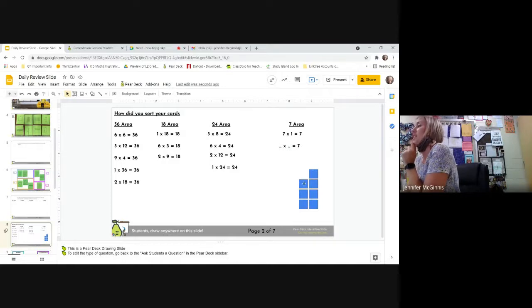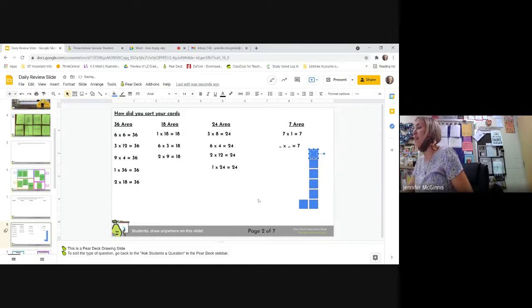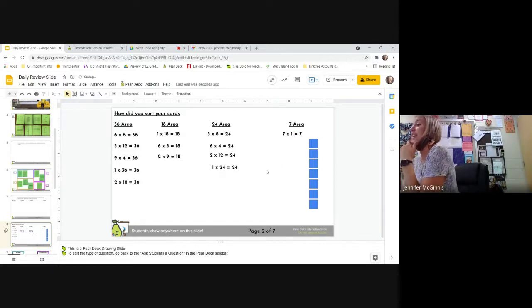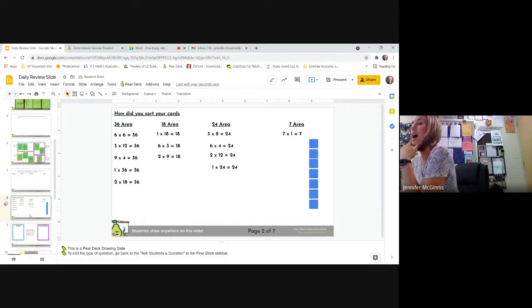Can we do rows of 3? Yeah. No. Can't do rows of 4. Can we do it any other way? No. That means this number is called a prime number.